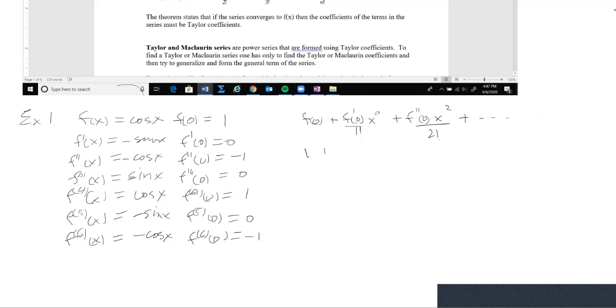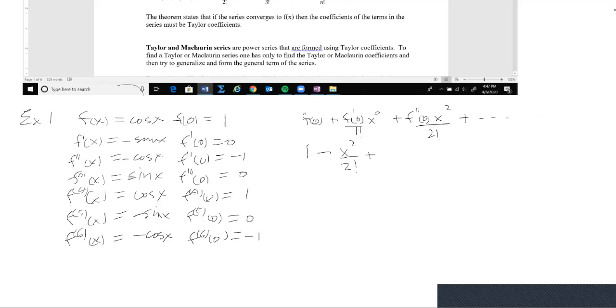Next one, that would be a minus. So a 1 minus x squared over 2 factorial, and plus, the next term would have been a 0.